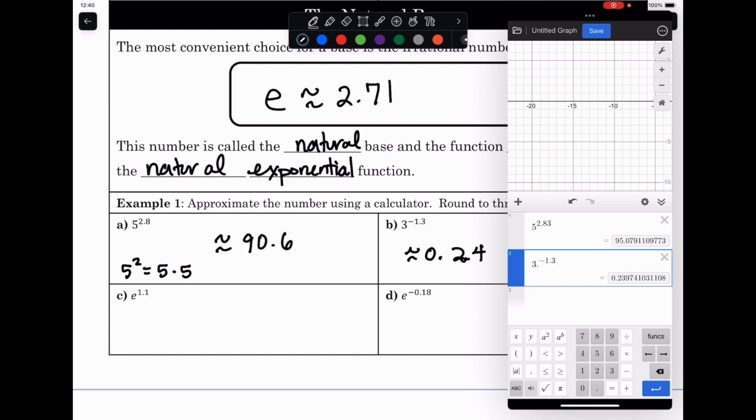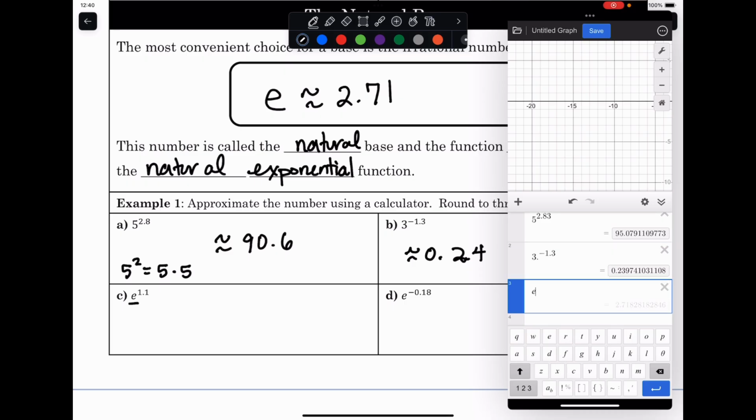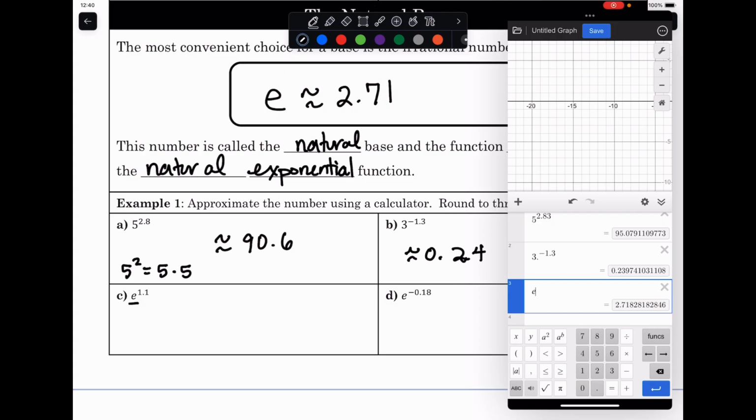Now here's Euler's number, the natural base e to the 1.1. We can just simply use it on any calculator, or specifically on the decimals calculator, using the letter e from our letter pad. That automatically picks up the value, and raising that to the 1.1 power is approximately 3.004.